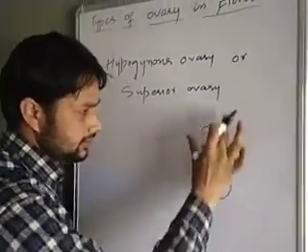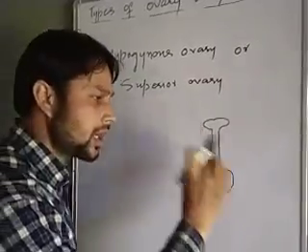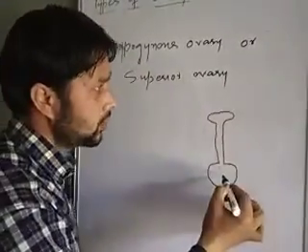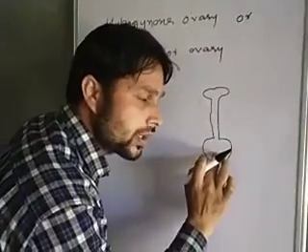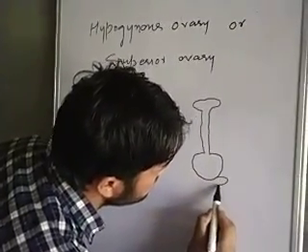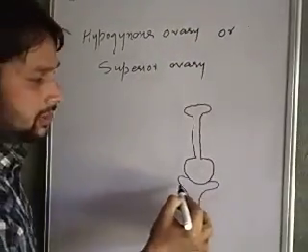Okay, like this. You know this is gynoecium. This is basically a carpel, and a collection of carpels is called a gynoecium. Now it has stigma, style, and ovary. With respect to this ovary, this is thalamus.